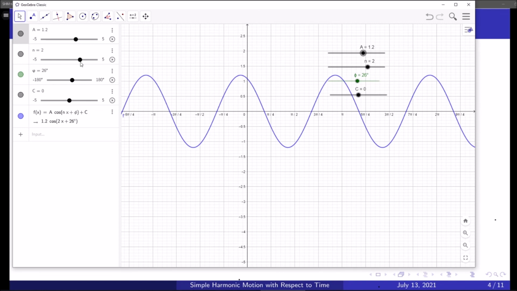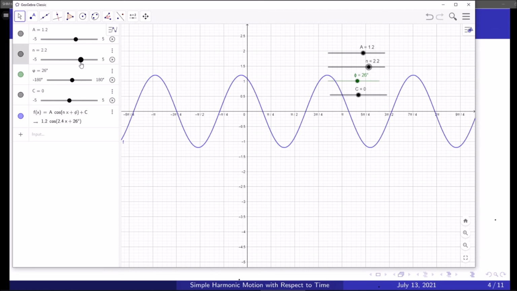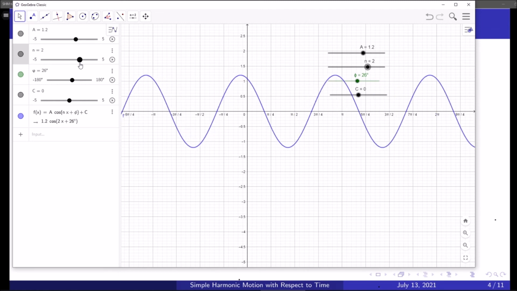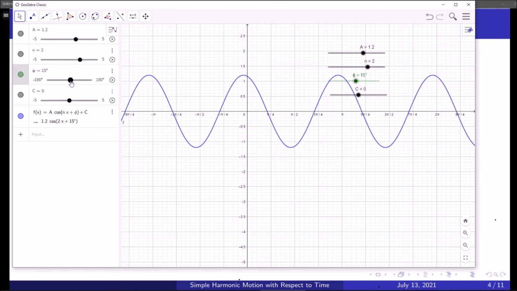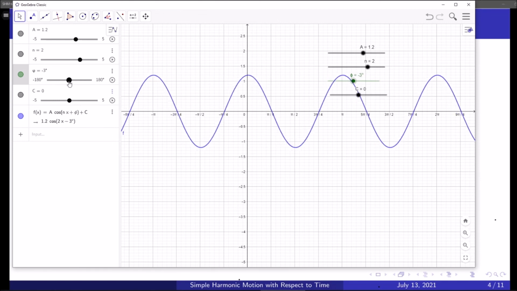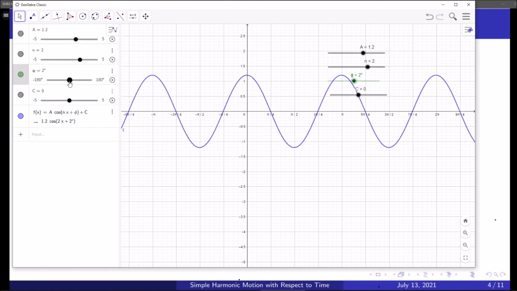If I vary n, if I vary the angular velocity, say right now the angular velocity is 2. That means it completes 2 cycles in the duration of 2 pi.